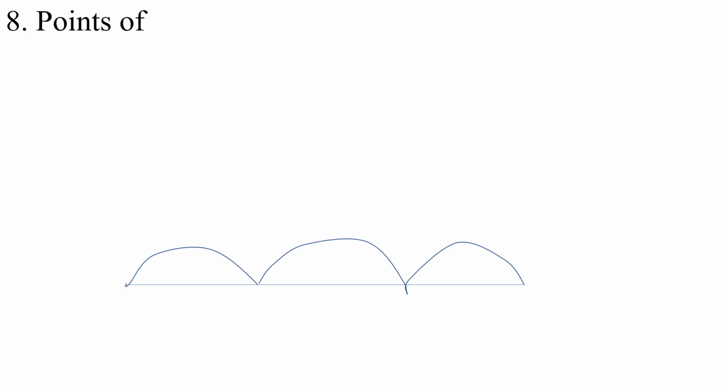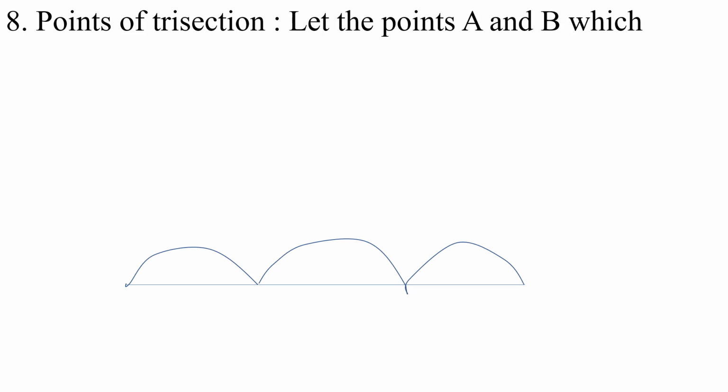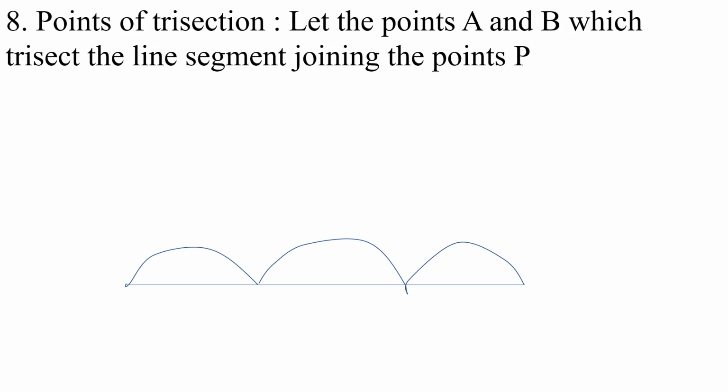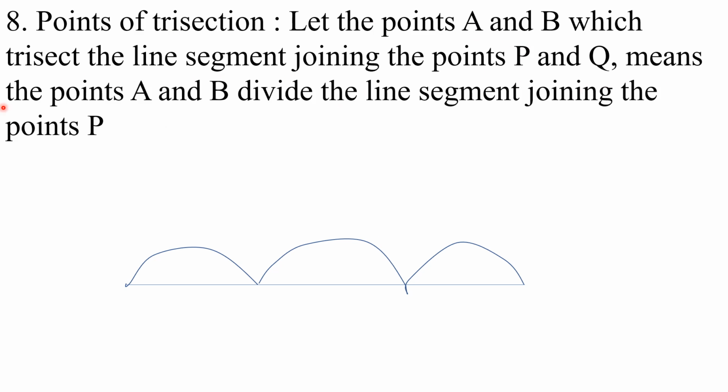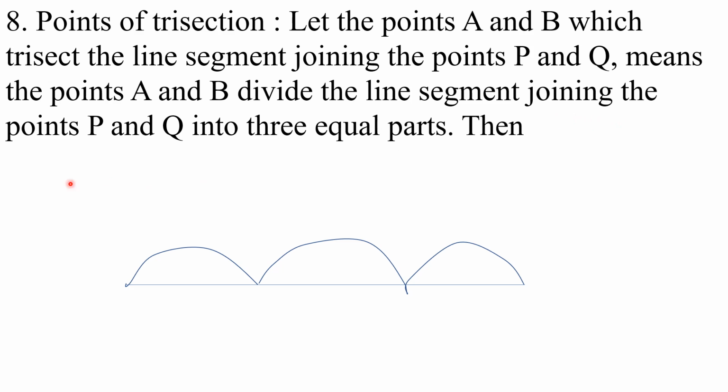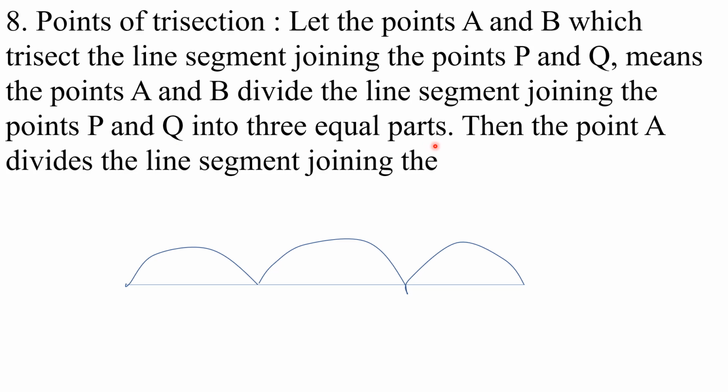Now come to the next point, 8th point, points of trisection. Let the points A and B trisect the line segment joining the points P and Q, means the points A and B divide the line segment joining the points P and Q into 3 equal parts.